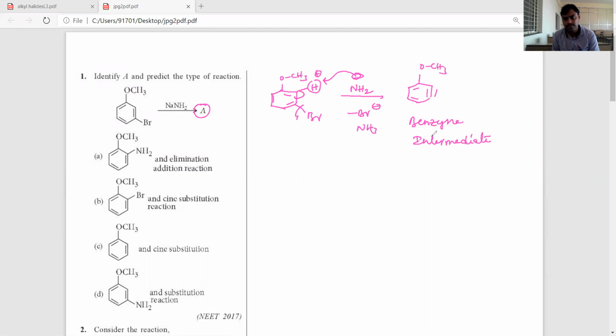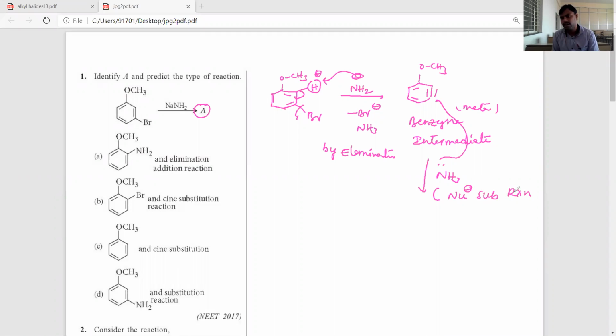Okay, students, it is very, very important. Benzyne intermediate, how is the benzyne intermediate formed? By elimination. This benzyne intermediate is treated with ammonia, NH3. It will attack at meta position. Attack at meta position means nucleophilic substitution reaction.